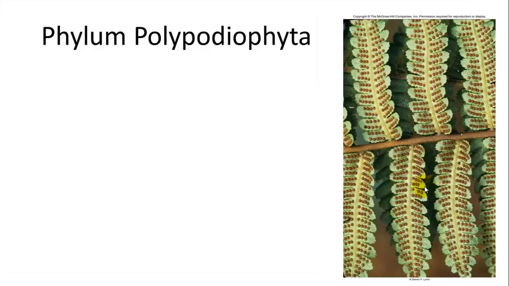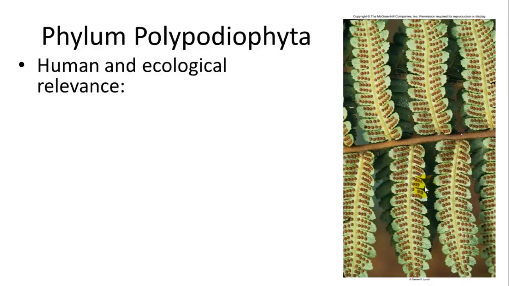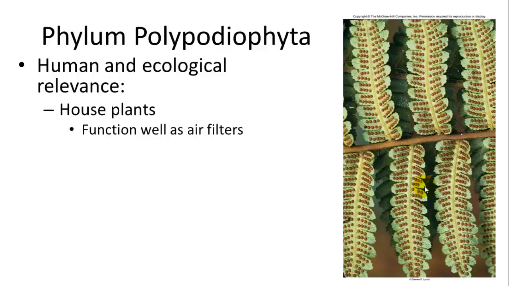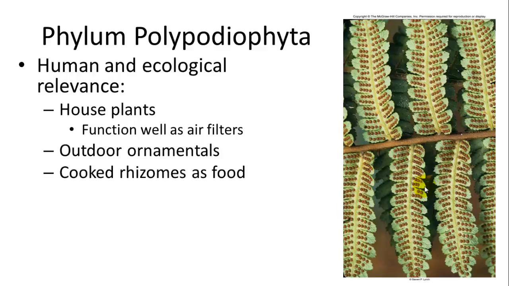All right, finally, the ferns are of economic and human relevance because they make great houseplants. So if you have a fern in your house, it does well to filter out whatever substances are floating around in there, and provide oxygen. They're also outdoor ornamentals, so you can have these ferns in your yards.